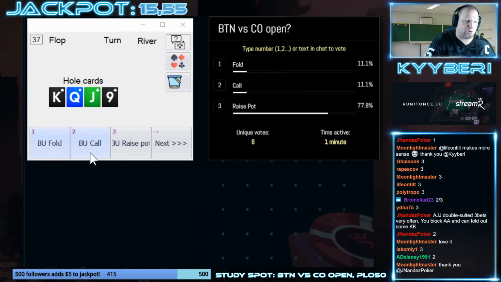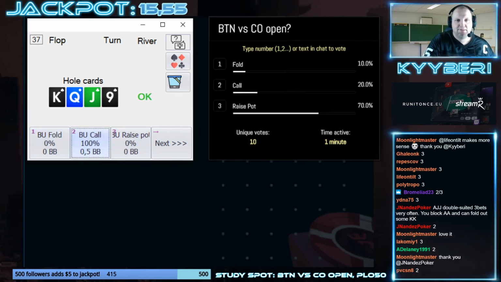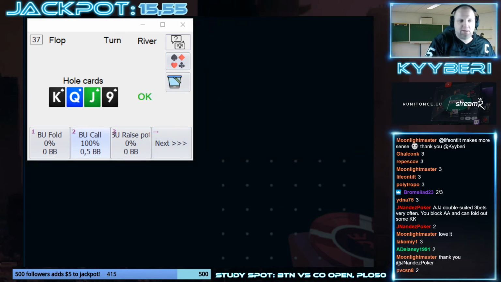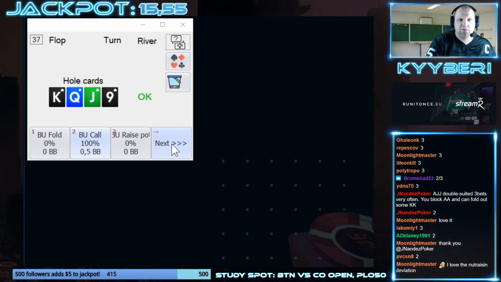You call versus unknowns, and you 3-bet versus not raising. That's my answer. Oh, the solver doesn't 3-bet even versus not raising. It's 100% call. Wow. Well, nothing I can say about that one.